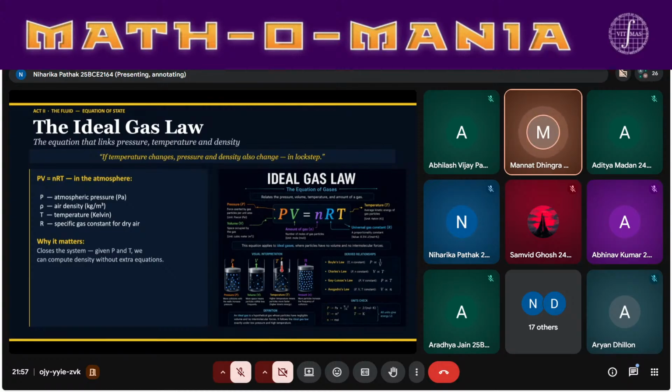For the average kinetic energy of gas particles, we can use the velocity formula, that v is equal to root over 3RT by M, where v is velocity, T is temperature, M is molar mass, right? Now, one thing in the definition that I mentioned is that the ideal gas equation links pressure, temperature, and density.